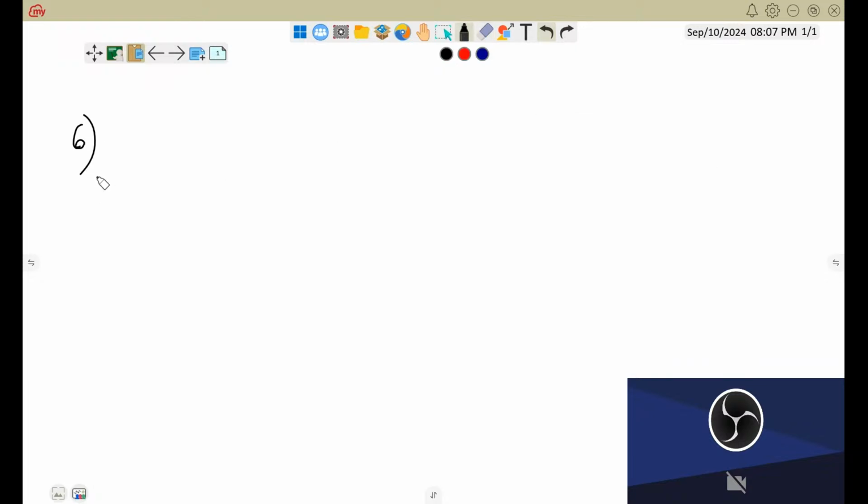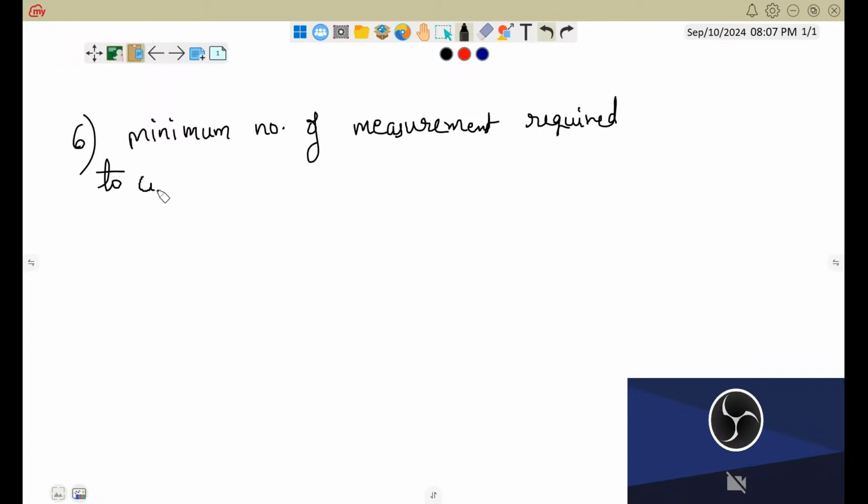The minimum number of measurements needed to construct a square. See, this time the minimum number of measurements or dimensions required to construct a square. Medansh, tell me, a square has how many sides? 4 sides. All the 4 sides are equal. Very good. So, if you know one side, that is nothing but you know all the 4 sides.